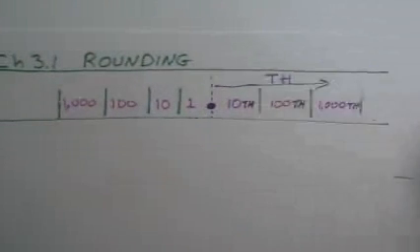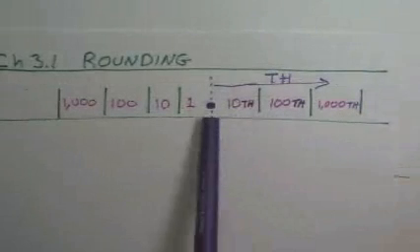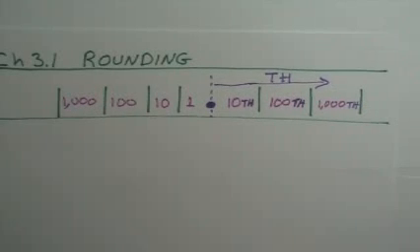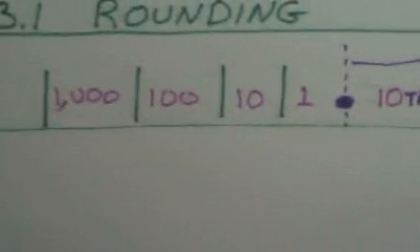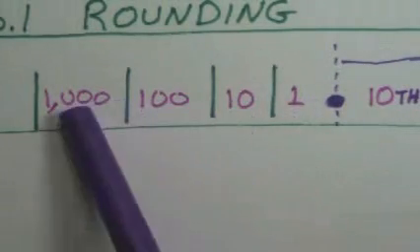I'll give you time to write this down, but notice that here's our decimal. To the left of it we have our ones, tens, hundreds, thousands.